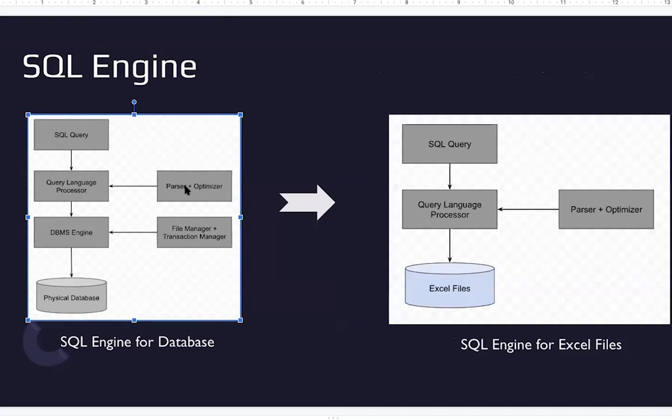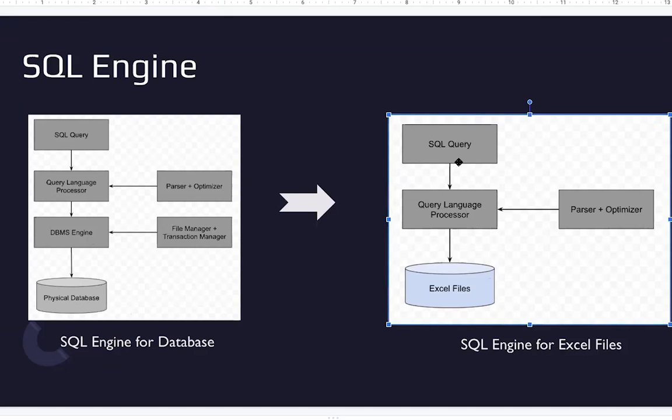Usually it includes the parser and the optimizer, and then it will be processed by the database management system engine, and then it will find some content from the physical database. So this is the natural SQL engine for database, and then our team proposed whether we can implement a SQL engine for the Excel files, and then we can use the SQL language just on the Excel files.